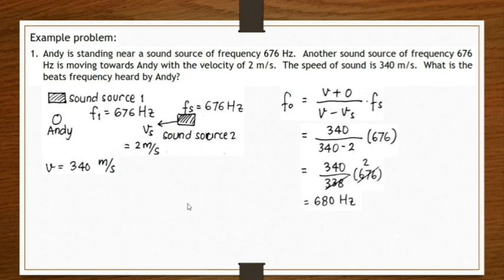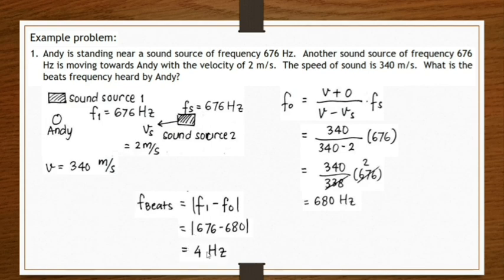So there will be a beat frequency that Andy hears, which is 680 minus 676, or you can do it otherwise. So it should always be positive. So the frequency of the beats is 4 Hertz.